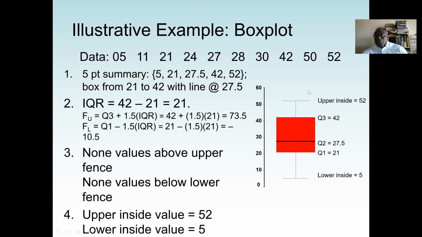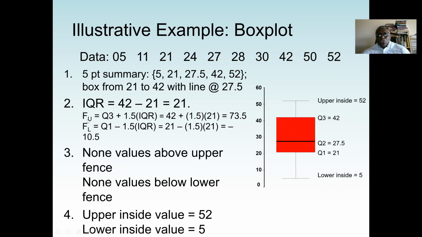But now we want to see if there are any outliers. Now outlier means if I find a value that is greater than 52 or less than 5, then we will say that those are outlier data. So we find the IQR first, which is Q3 minus Q1, 42 minus 21, which is 21.